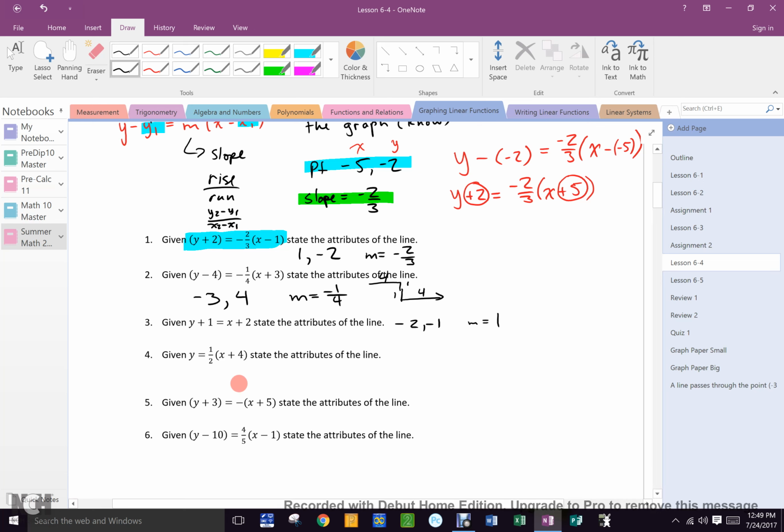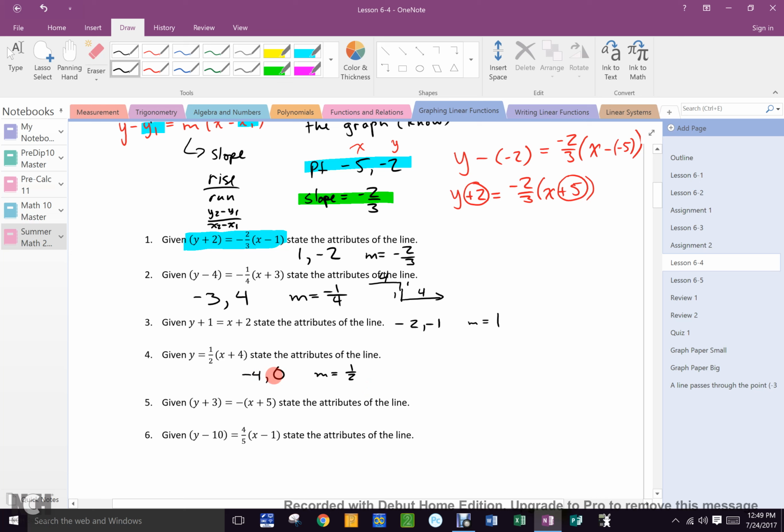What's the starting point? Negative 4. Zero. Nice, Amrit. And what's the slope? Positive 1/2. So I was given the x-intercept there.